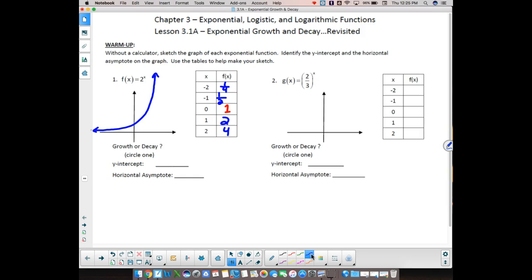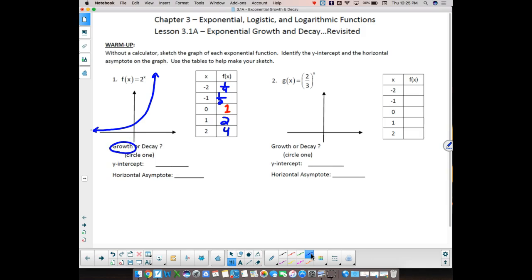Drawing on your previous knowledge, is that a growth function or is that a decay function? Growth. Why growth? Because it's growing as our x's increase. We always work left to right, and it's getting bigger as we go to the right. So that's a growth function.